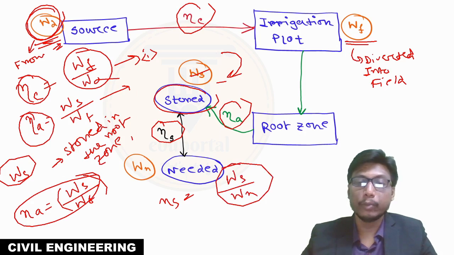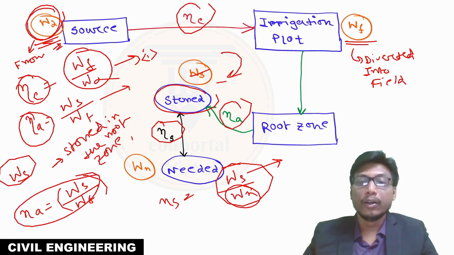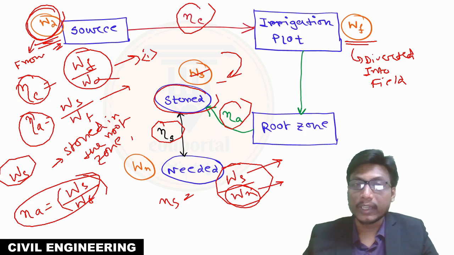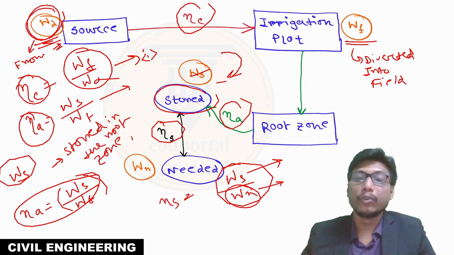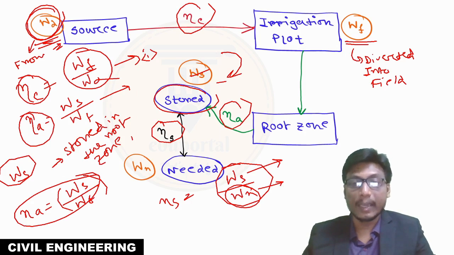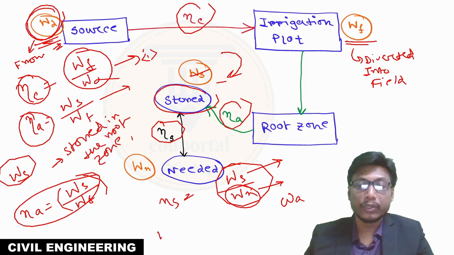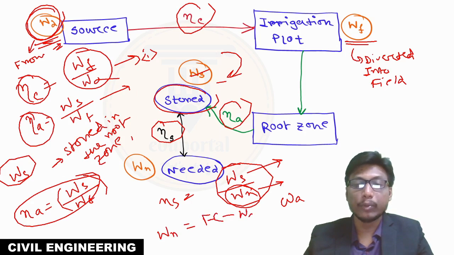WS is the water stored in the root zone, and WN is the amount of water that is required to reach the field capacity. Suppose WA is the water available, that is moisture available. So WN is the amount of water required to reach the field capacity, so field capacity minus WA is the amount of water needed.